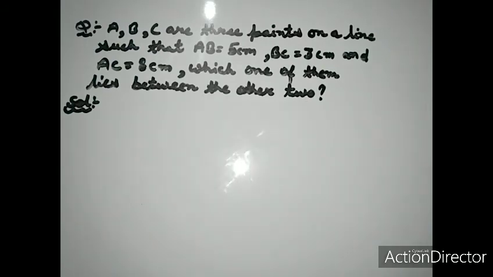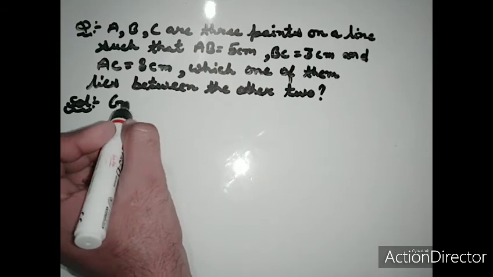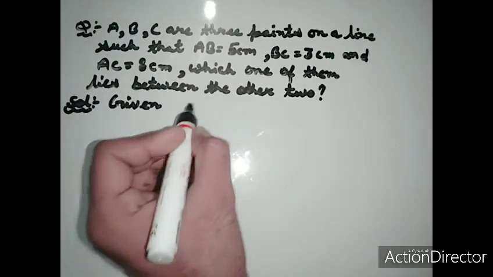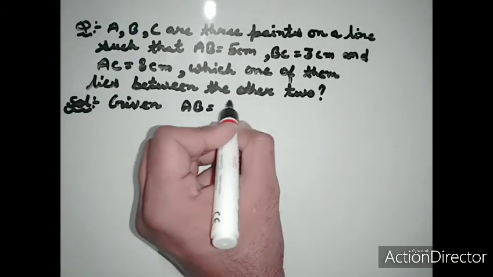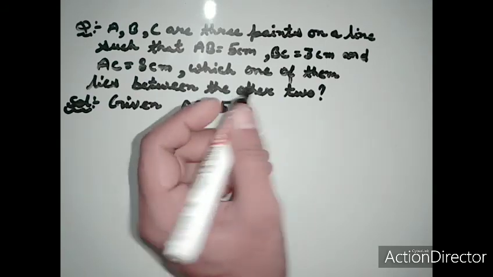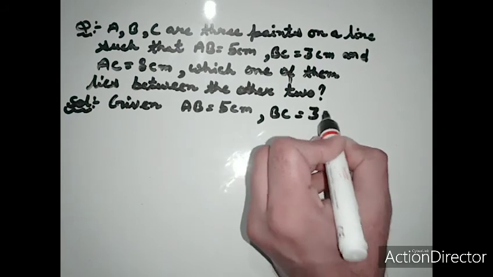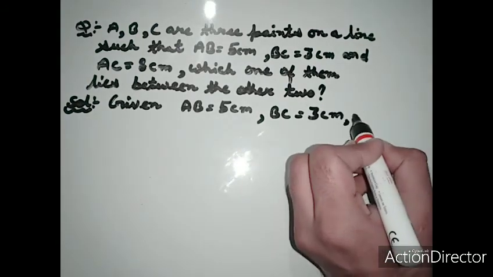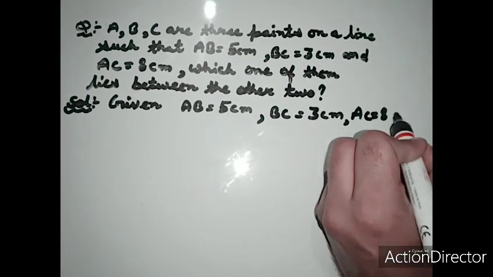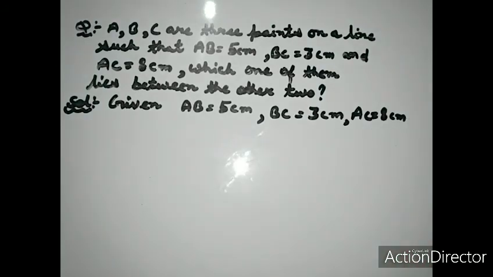So now we first write the given values. Given AB equal to 5 centimeter, BC equal to 3 centimeter, and AC equal to 8 centimeter. Okay, so now it is clear that AC equal to AB plus BC, right?